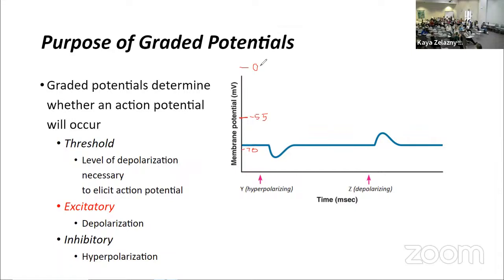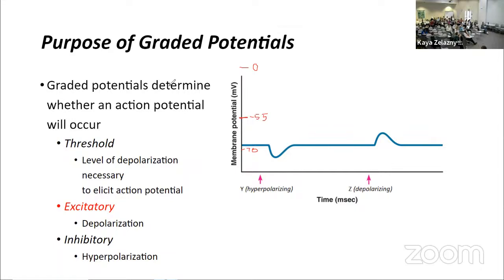So 0 is what we're comparing to: no polarity to the cell, no plus or minus. If you go from -70 up to -55, you're now closer to 0, you're less polarized. That direction of change towards 0 is depolarization.